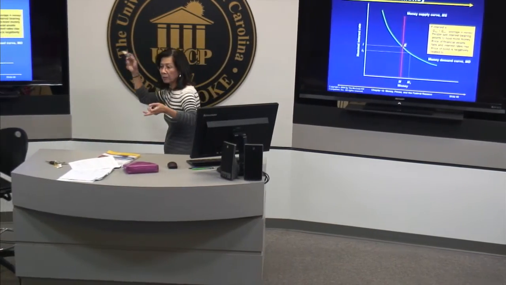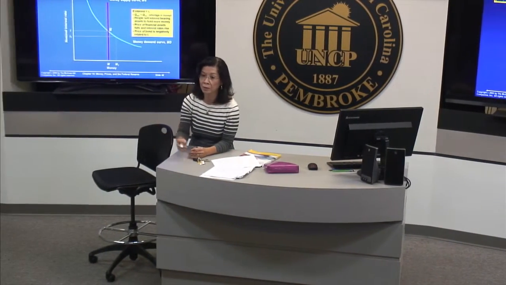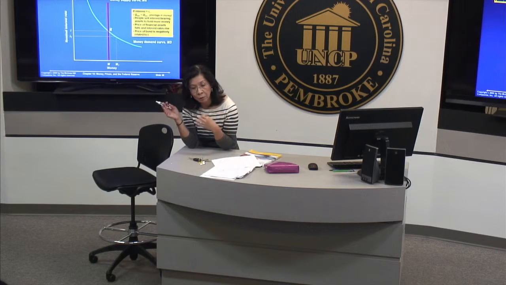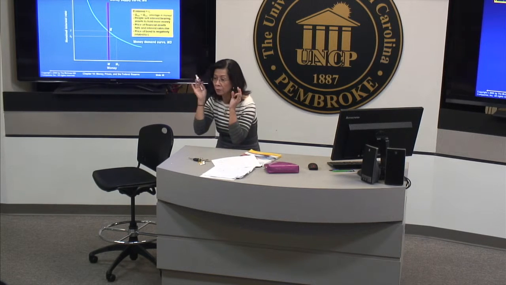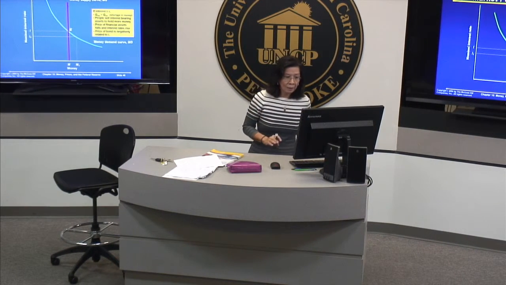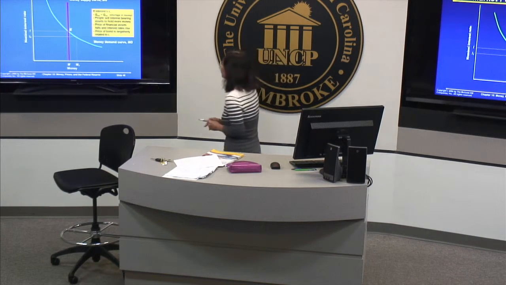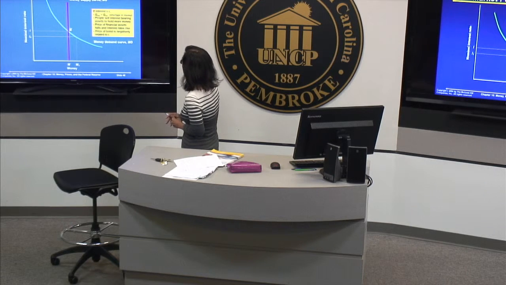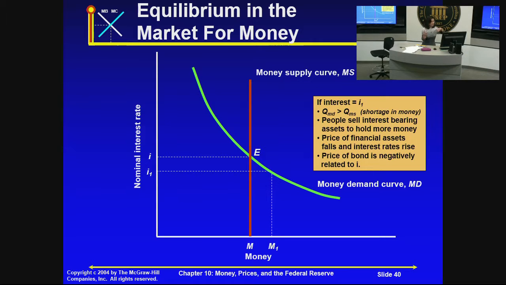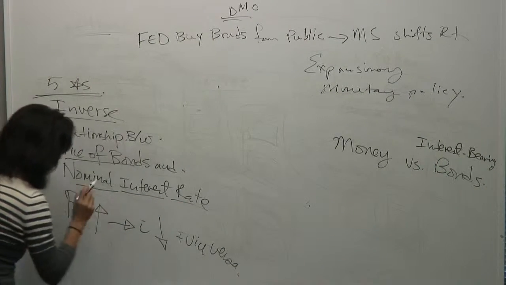So going back to that example, I think you said the price of bonds will come down. Everybody tries to sell bonds just to get some money, because there are only two assets you could hold. Since you have a shortage of money, but you do have some bonds, you sell the bonds. If everybody starts selling the bonds, the price of bonds falls. And if that's the case, the interest rate goes up according to this theory, because it's an inverse relationship between the price of bonds, I hope you write this down, and the nominal interest rate, not the real interest rate.